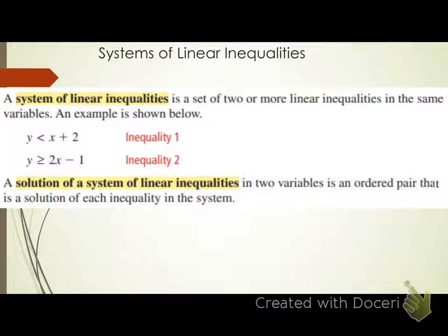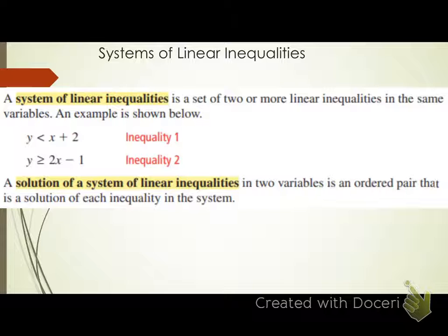So the example they give is y is less than x plus 2, and y is greater than or equal to 2x minus 1. That's a system of linear inequalities right there. A solution of a system of linear inequalities in 2 variables is an ordered pair that is a solution of each inequality in the system.